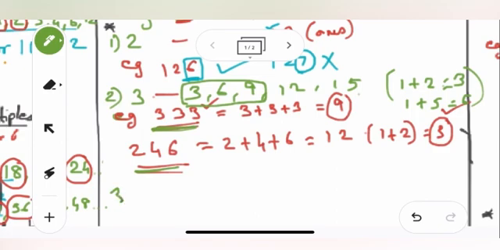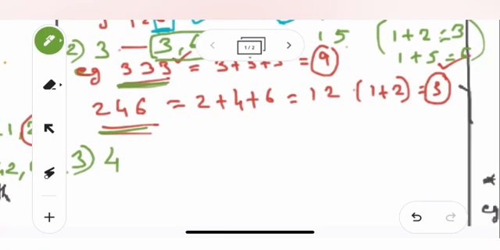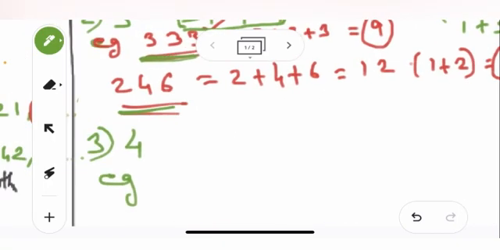The next one we will see is divisibility by 4. Here, if the number formed by the tens and ones digits is divisible by 4, then we say that the number is divisible by 4. Whichever number it is, you should check the last two digits, that is the digits in the ones place and tens place.